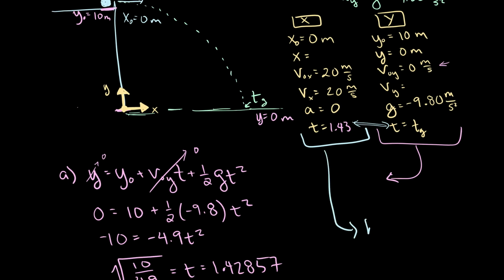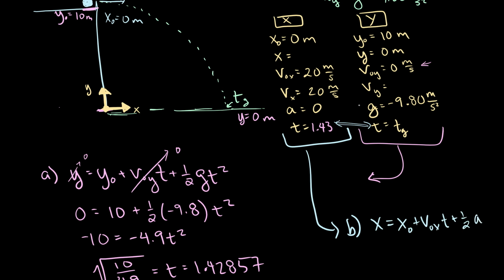For part B, because this is constant velocity motion, if I were to use x equals x naught plus v naught x t plus 1/2 a x t squared, well, my a is 0, so this whole term cancels out to 0.